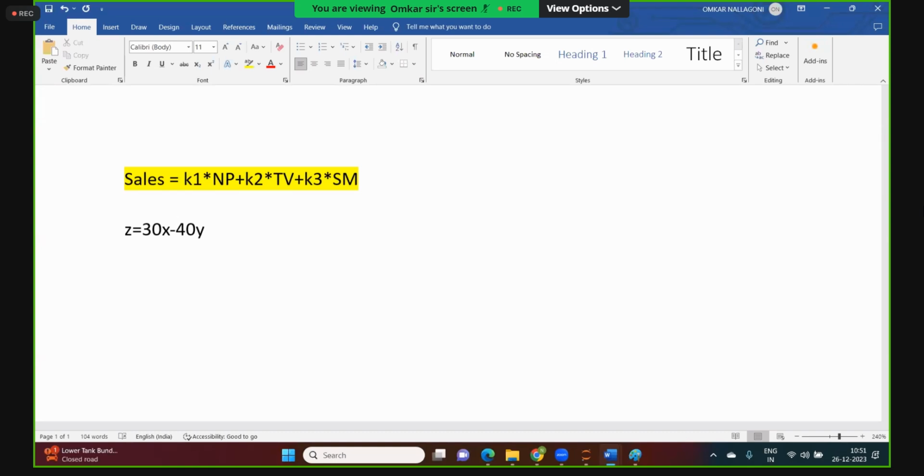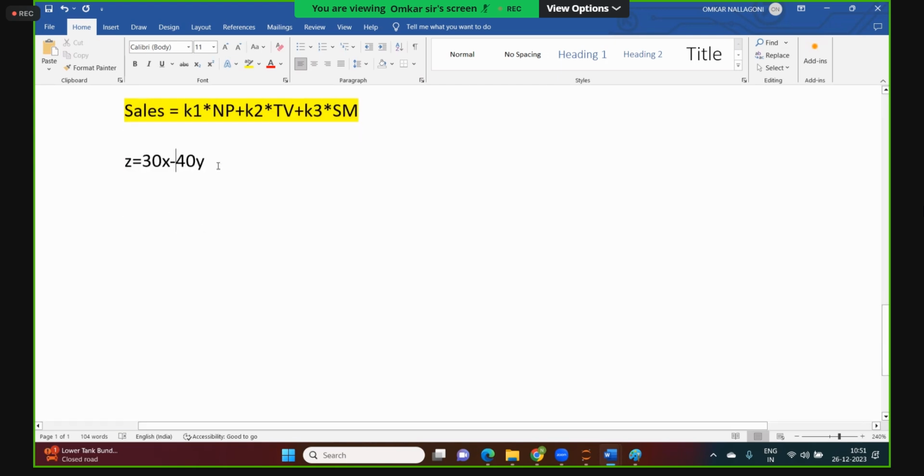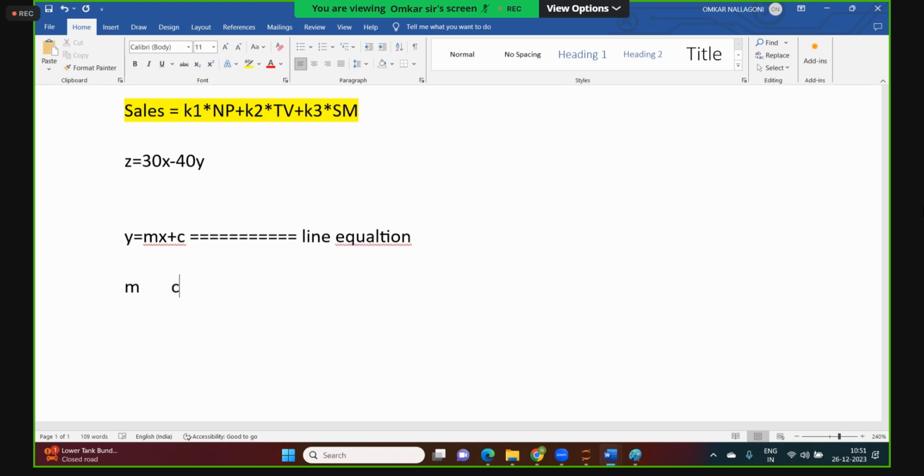Now, we have a very, very famous equation: y is equal to mx plus c. It is called the line equation. What is the importance of m here? What is the importance of c here?